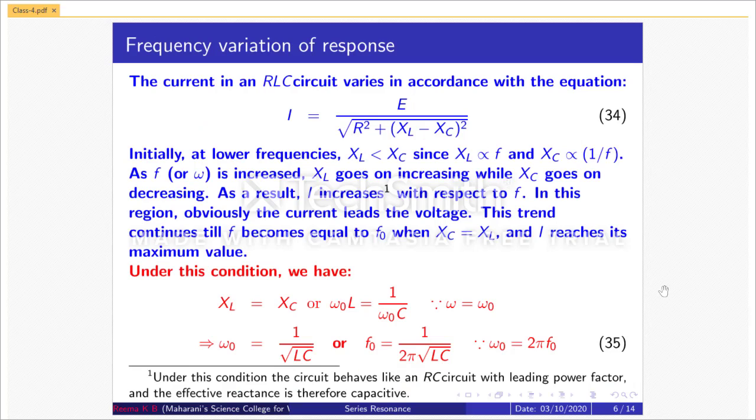The current in an RLC circuit varies in accordance with the equation I = E divided by the square root of (R squared + (XL - XC) squared).